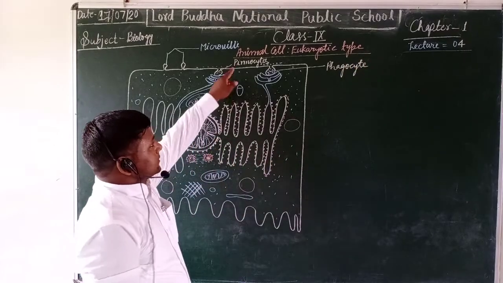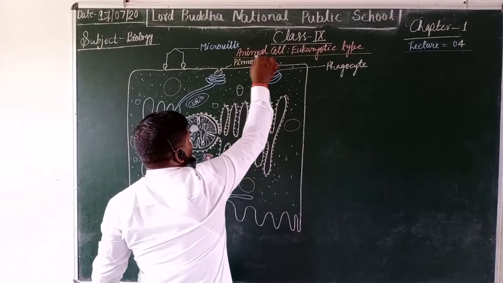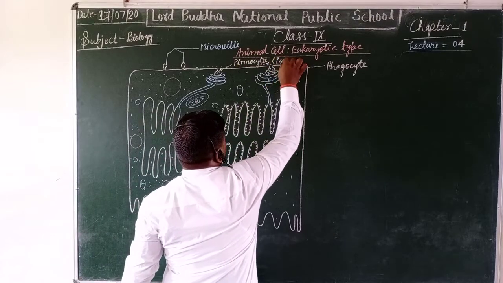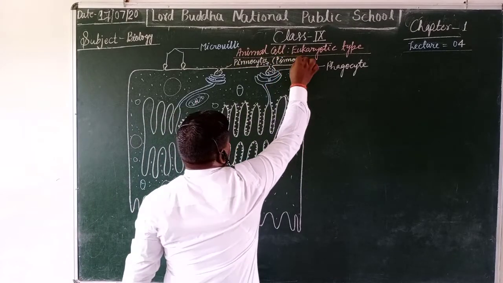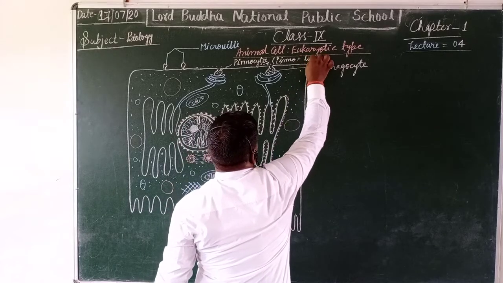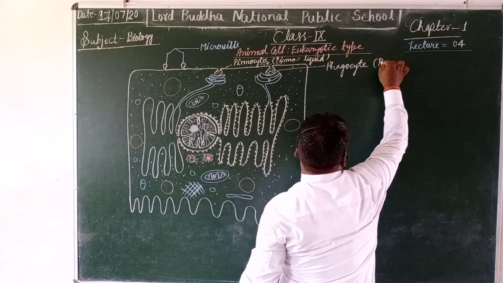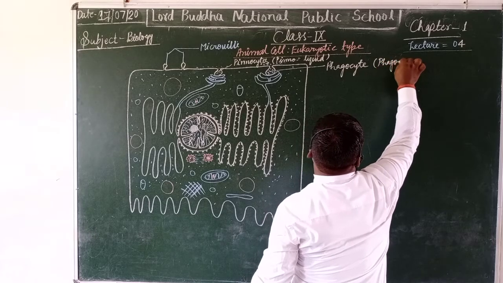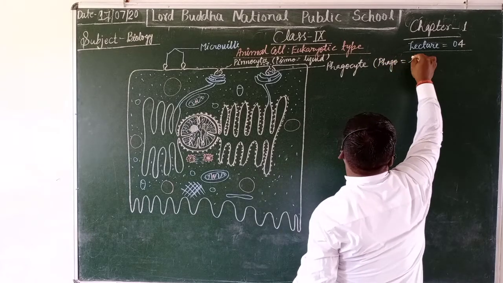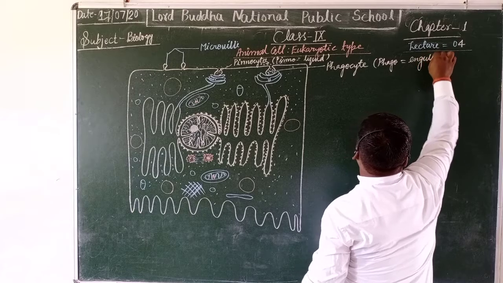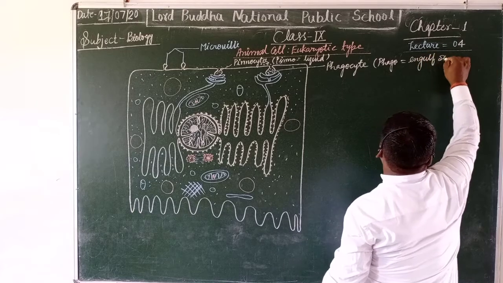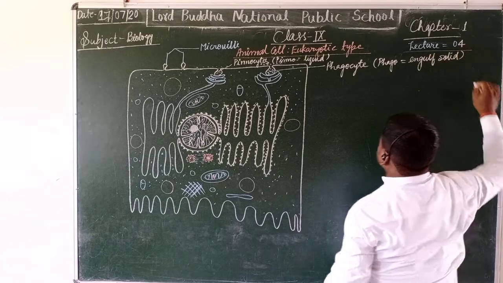In pinocyte cells, pino stands for liquid, whereas phago stands for engulfing solid food materials.